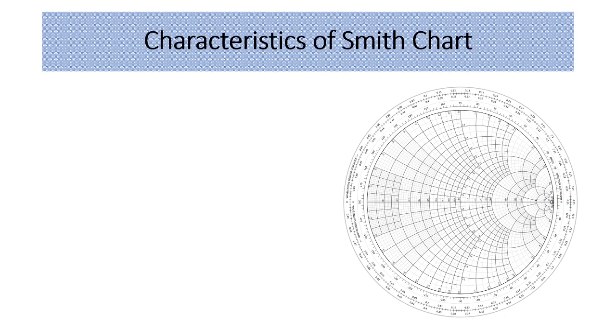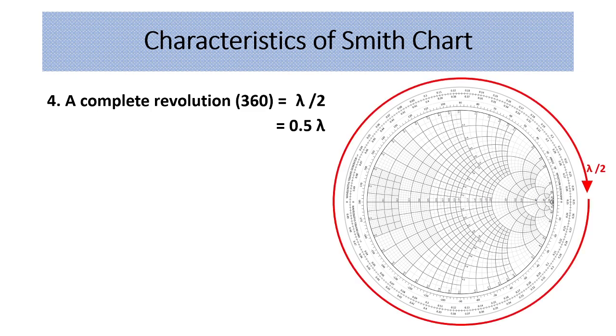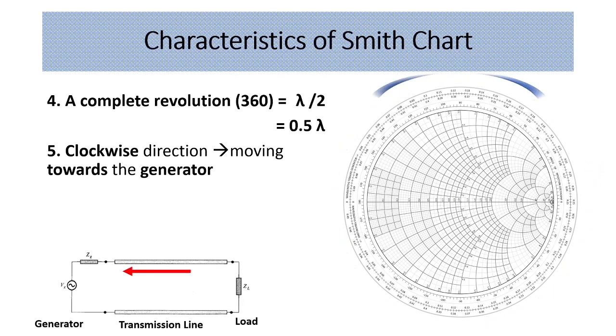A complete revolution around the Smith chart, that is 360 degrees, is represented as lambda by 2, where lambda is the wavelength of the transmission line. Now you must have seen the basic structure of a transmission line circuit.